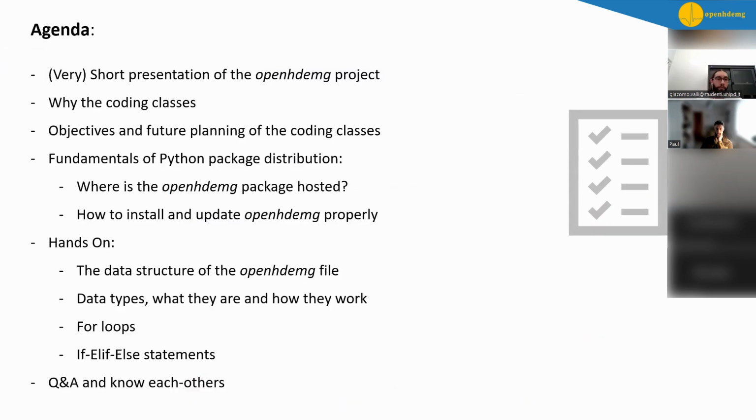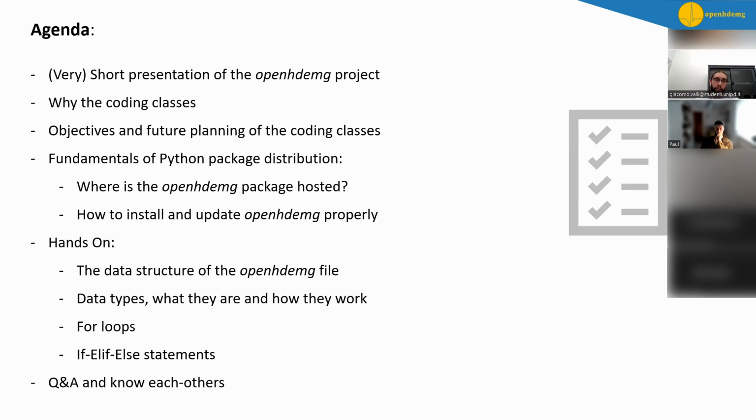Okay, so today's agenda is quite long. We will try to condense it as much as possible, but at the same time, we don't want to rush through the topics because otherwise these classes will not be helpful to you. So we will start today's presentation with a very short presentation of the openhdemg project, because on YouTube you can find a much more extensive presentation of that.